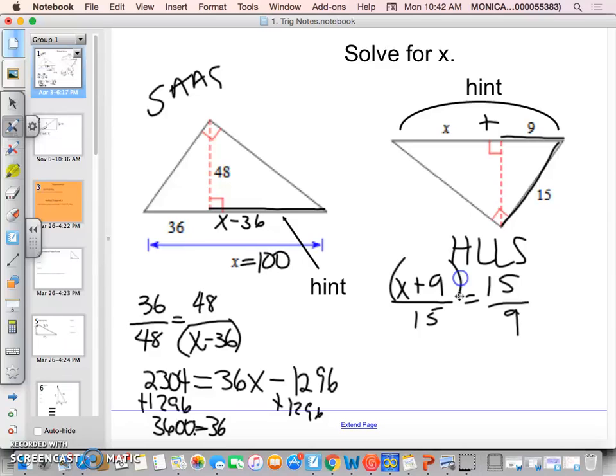Again, we need our parentheses. So we get 9x plus 81 equals 225. I'm going to take 225, subtract 81. That's 144. Divide that by 9. You should end up with x equaling 60. That was day 1 of this unit.